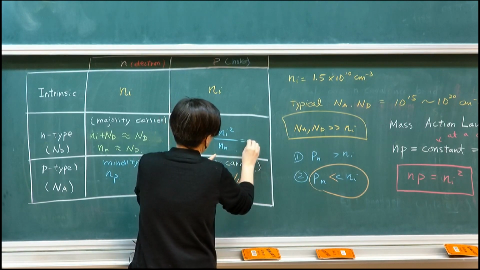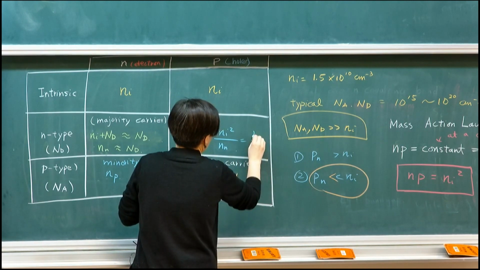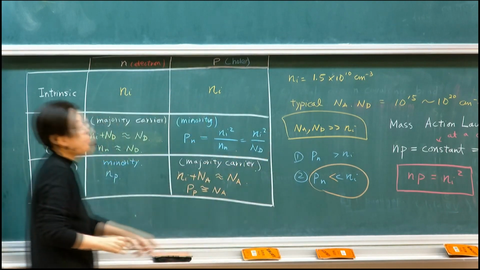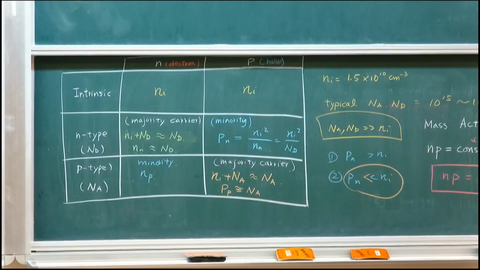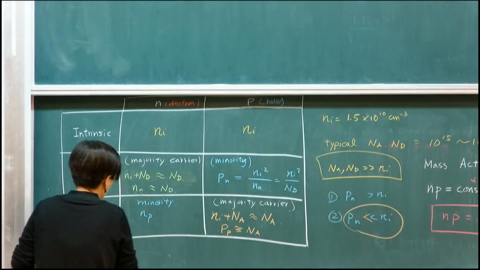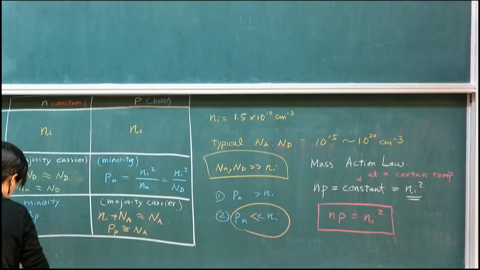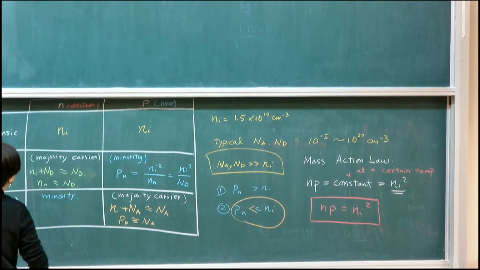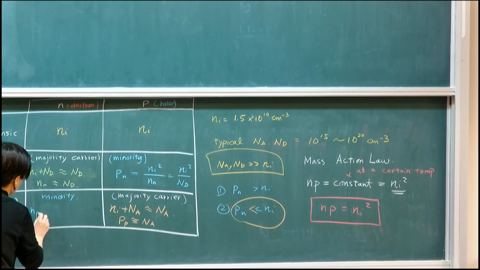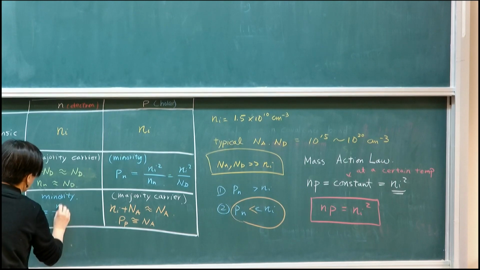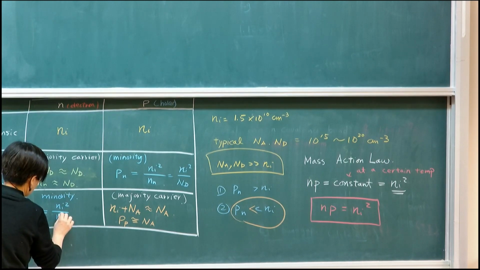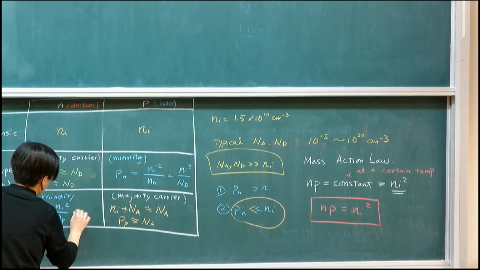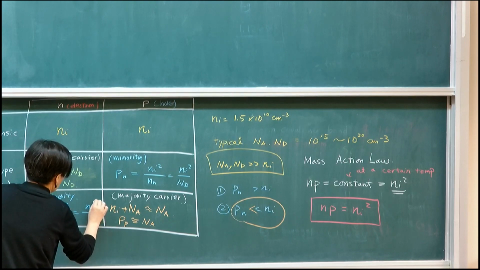And because this term is Nd, which is the given component, for electron as minority in p-type, it's the same. Let me write it down. Np equals Ni squared over Pp, and this will be Na.